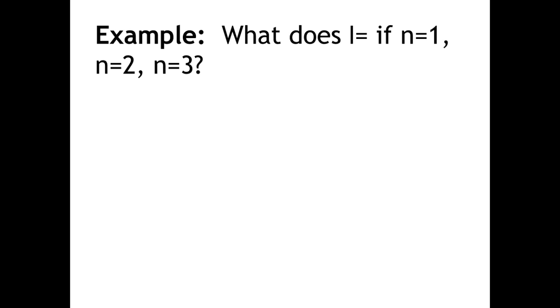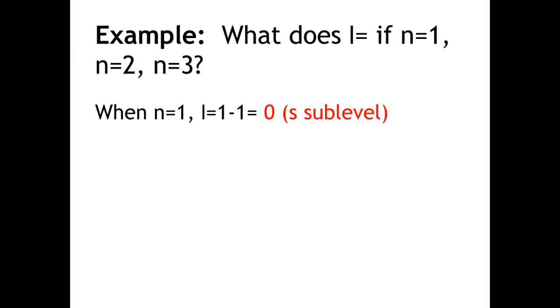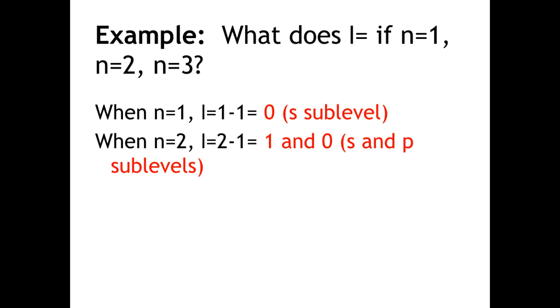All right, let's do an example. What is your l if you have n is 1, n is 2, n is 3? And what's n? n is the principal quantum number. So when n is 1, you'll take 1 minus 1, you get 0. So you have the s sublevel. When n is 2, you'll take 2 minus 1, gives you 1, and 0.